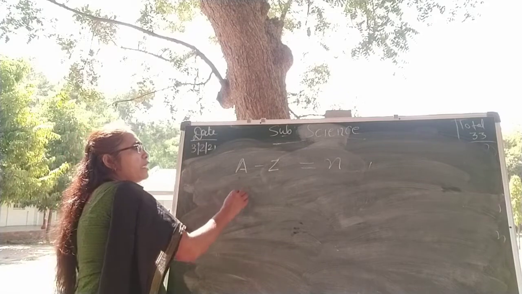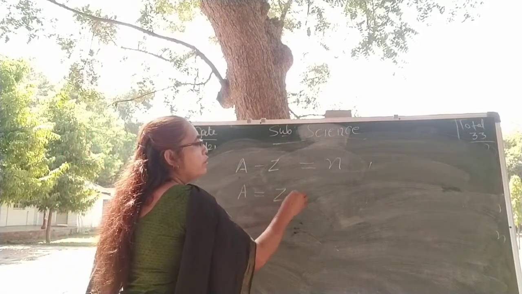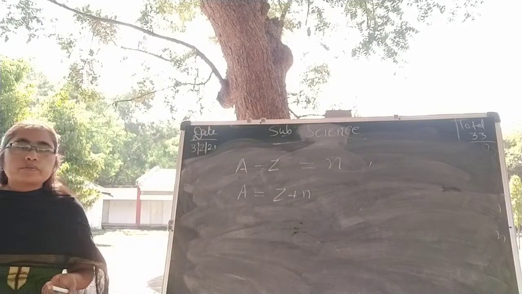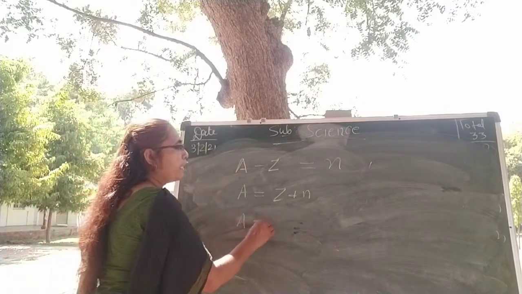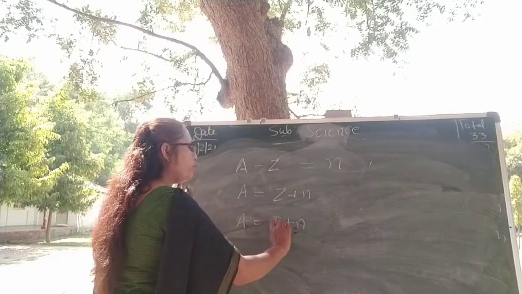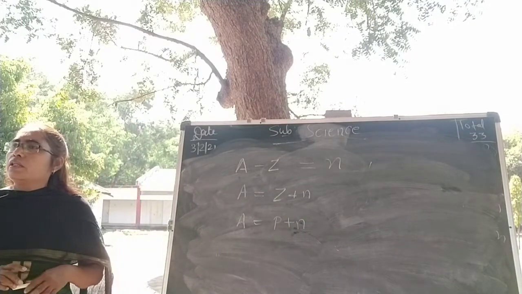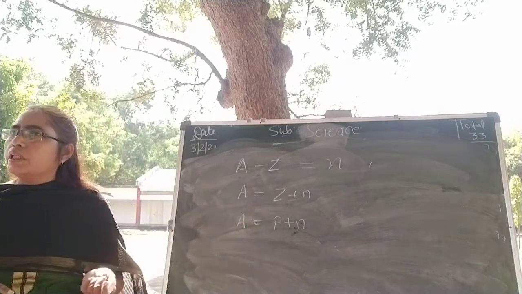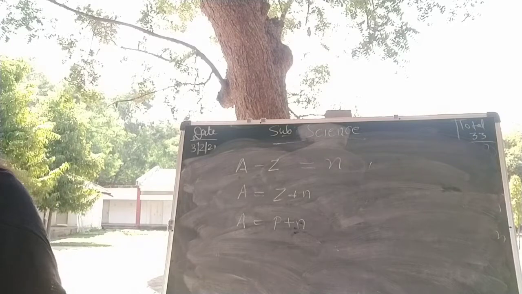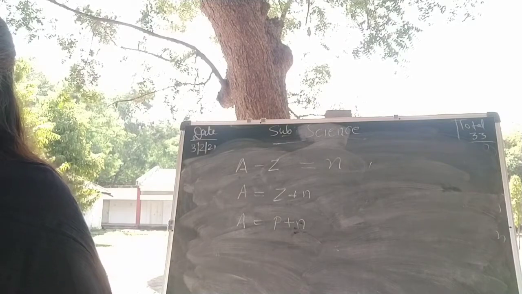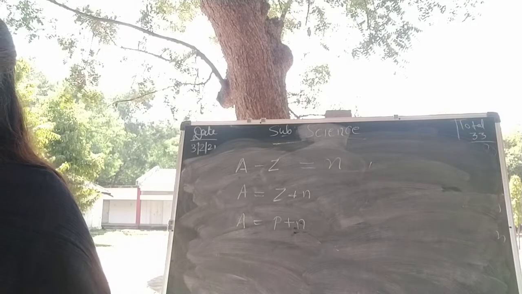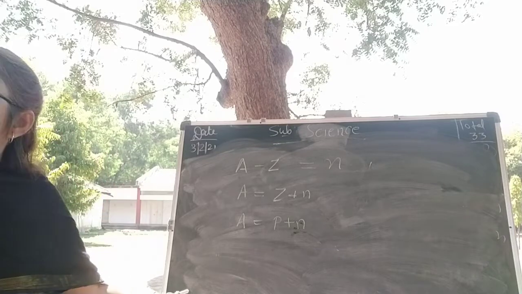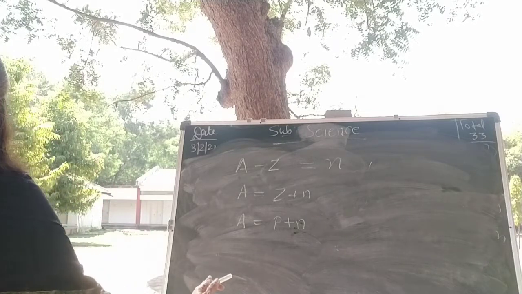In other words, we can also write A is equal to Z plus N, where Z means the number of protons. We can also write this equation as P plus N, number of protons plus number of neutrons. So if we know the number of protons, we can easily get the atomic number, right? And if we know the mass number, we can also find out the number of neutrons. So is this mass number clear to everyone? Okay.